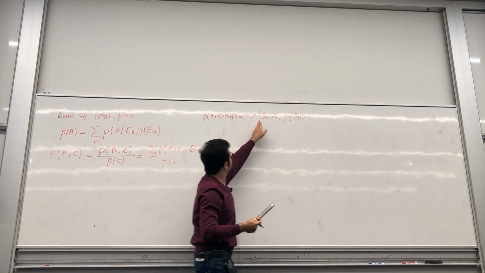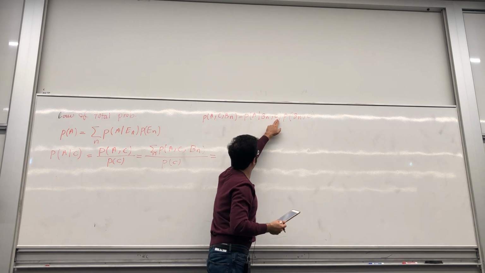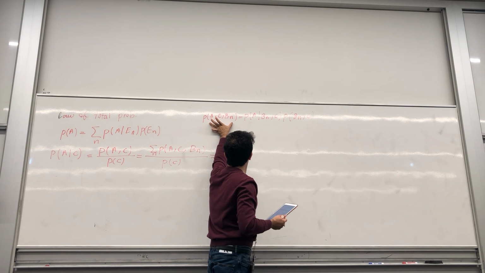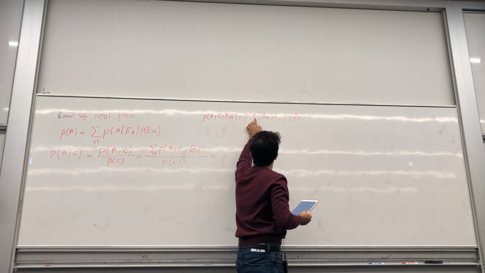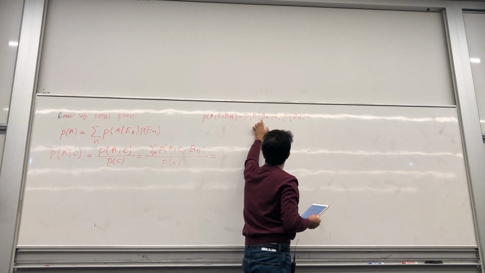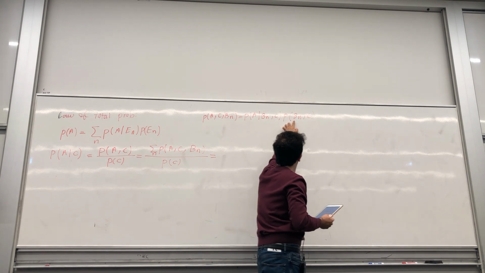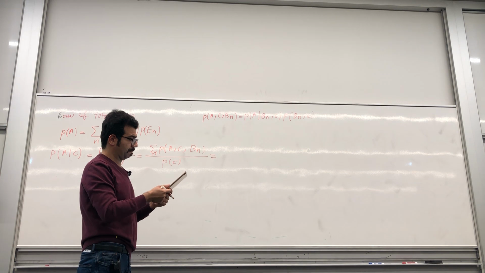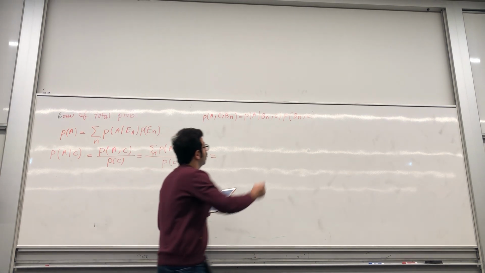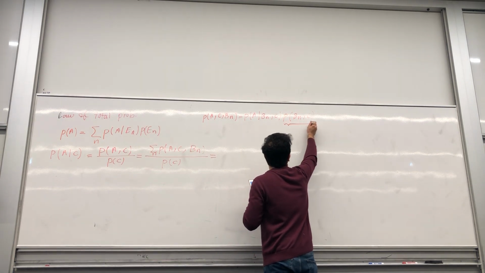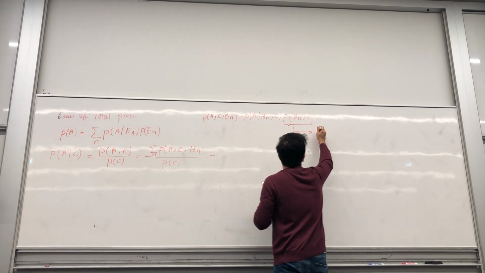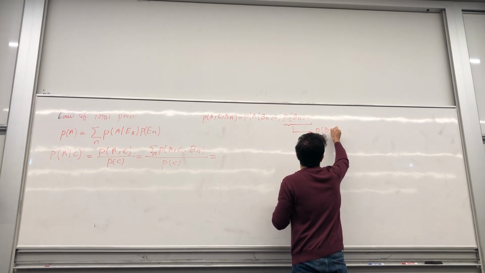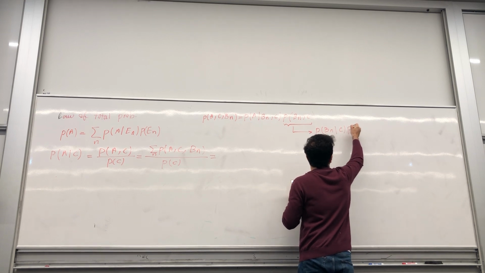I look at B and C together as one event and write the joint probability as the conditional probability of A given this event times the probability of that event. Agree? Also, this part can be written as probability of Bn conditioned on C times probability of C.